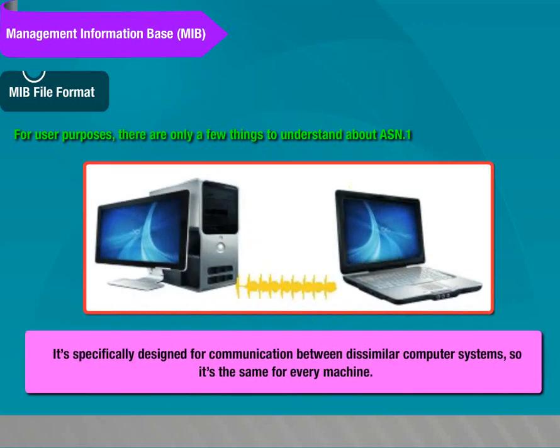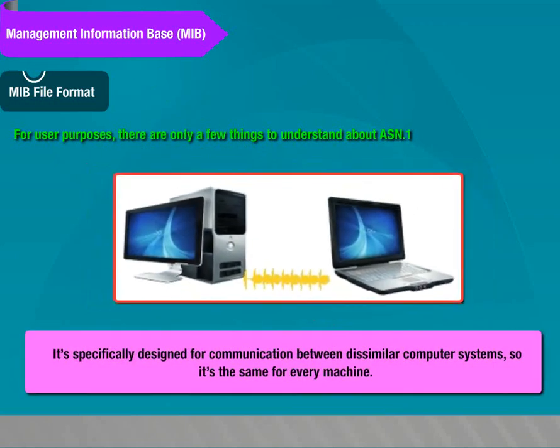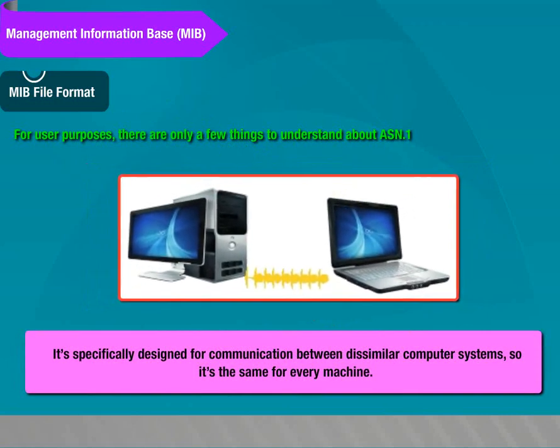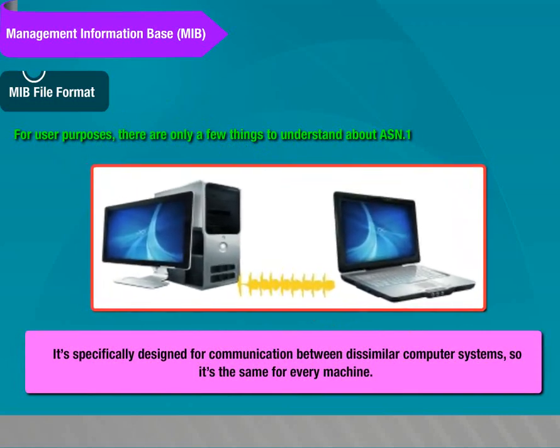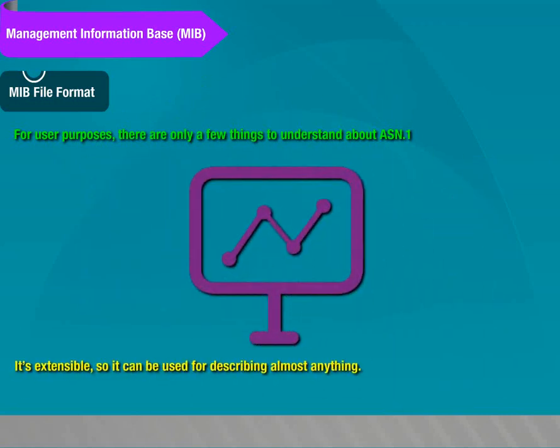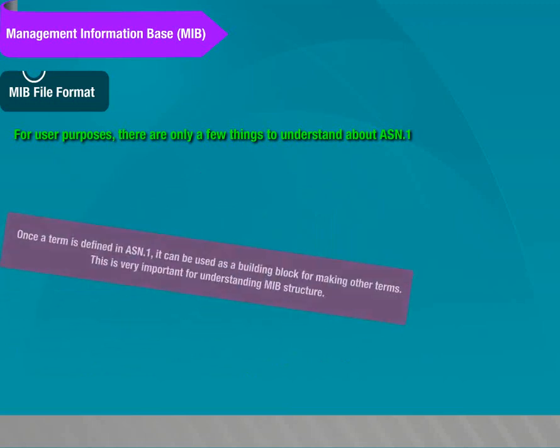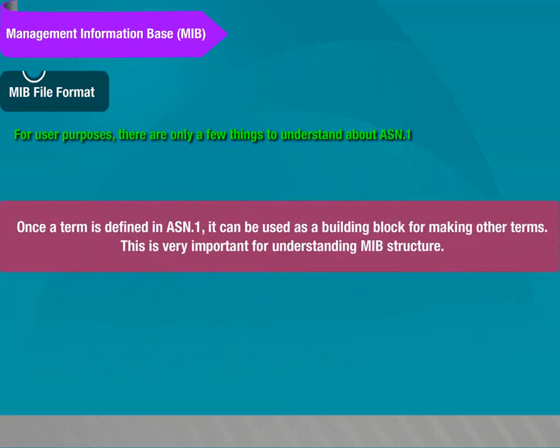It is specifically designed for communication between dissimilar computer systems, so it is the same for every machine. It is extensible, so it can be used for describing almost anything. Once a term is defined in ASN.1, it can be used as a building block for making other terms. This is very important for understanding MIB structure.